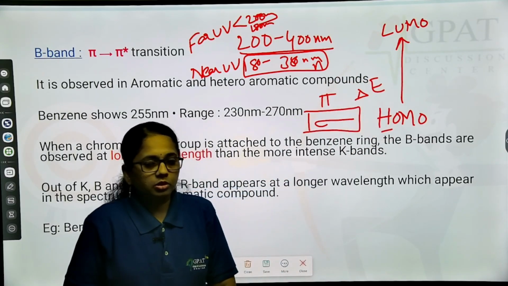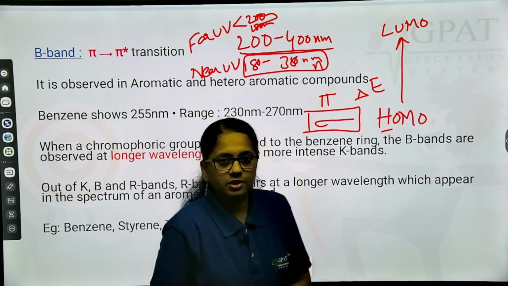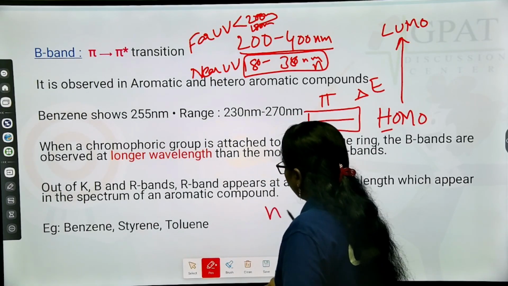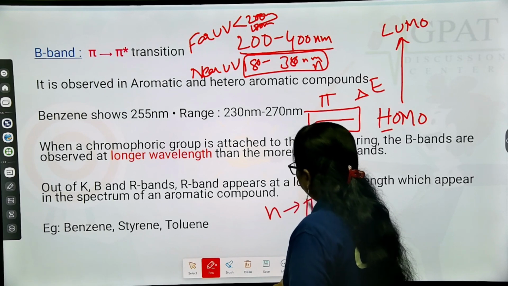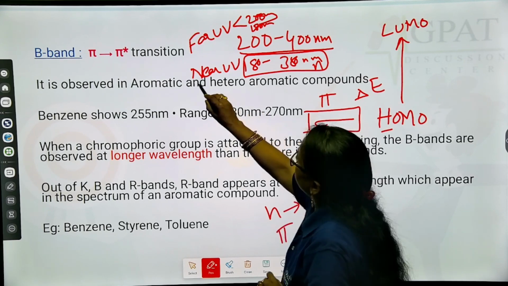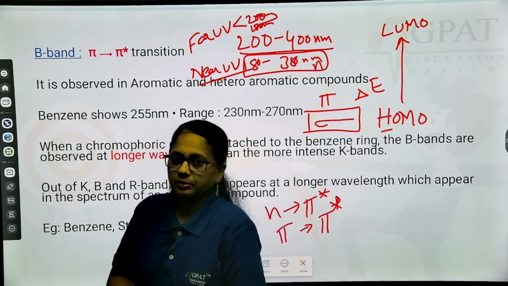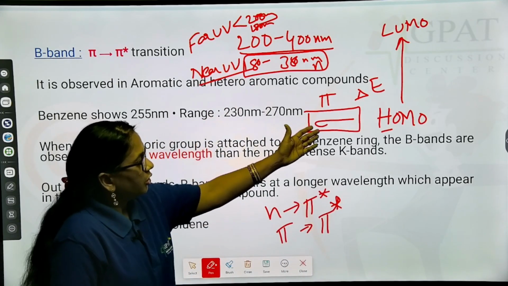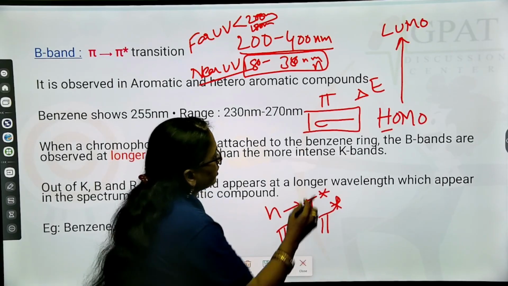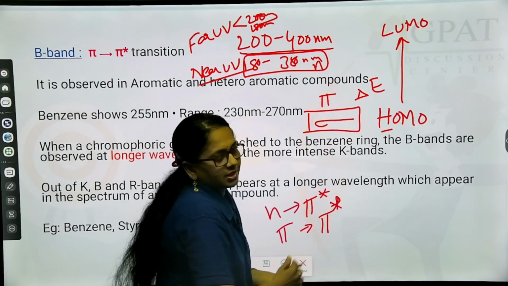Okay, so most of the electronic transitions we know are n to pi star and pi to pi star. Okay, so these two types of transitions we see in the near UV region, whereas in the far UV you are going to see sigma to pi star, sigma to sigma star, n to sigma star, pi to sigma star like that.